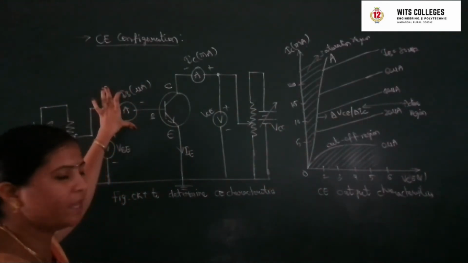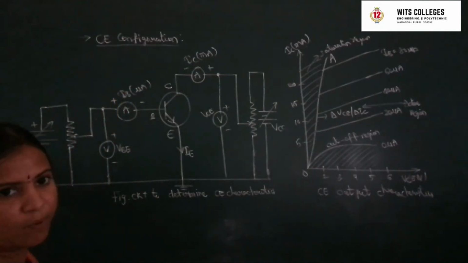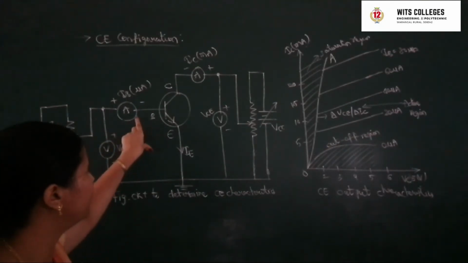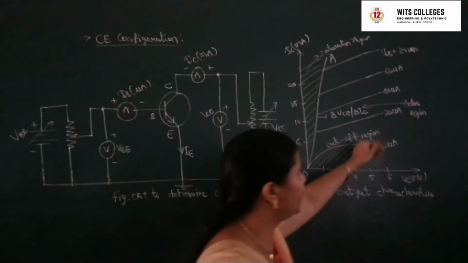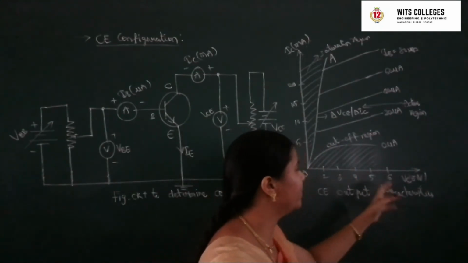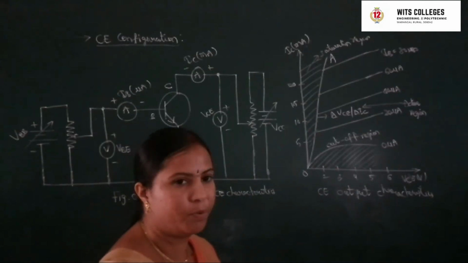The base current is kept constant by varying the value of the base power supply, at different current values. The curve between VCE and IC at constant IB is nothing but the common emitter output characteristics.